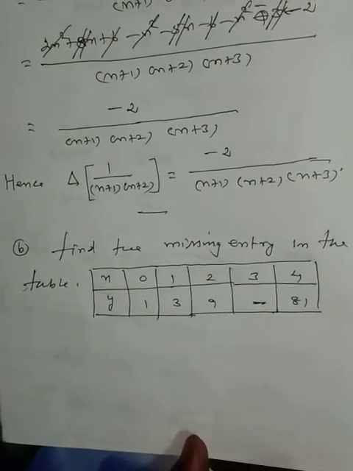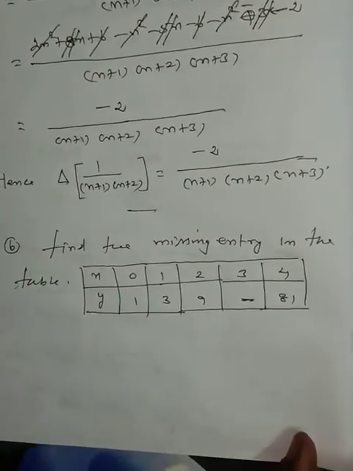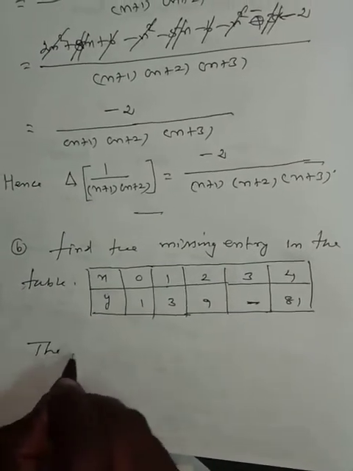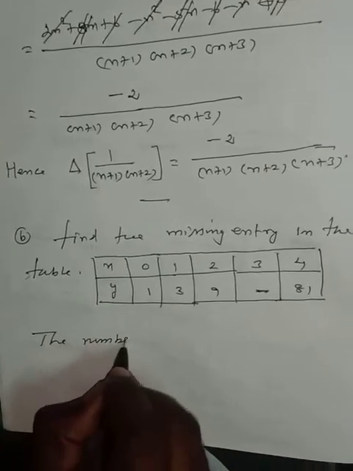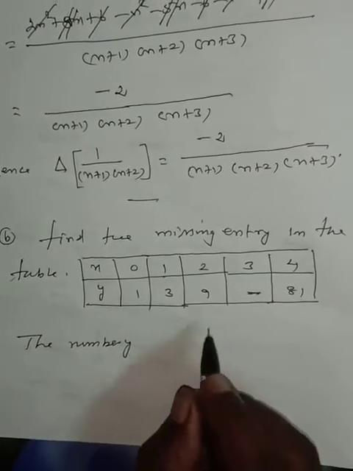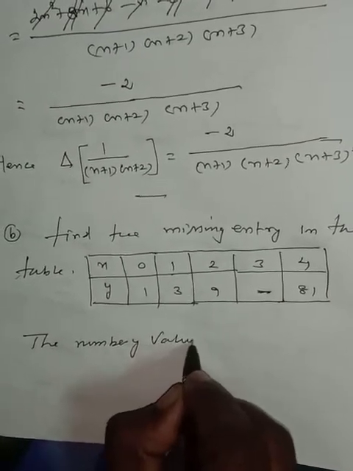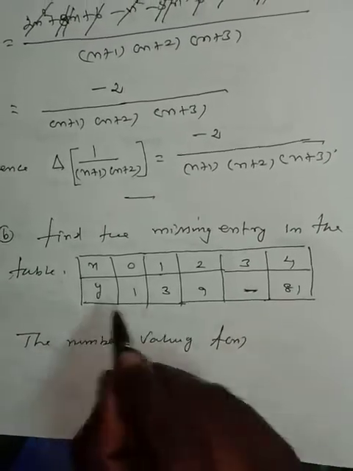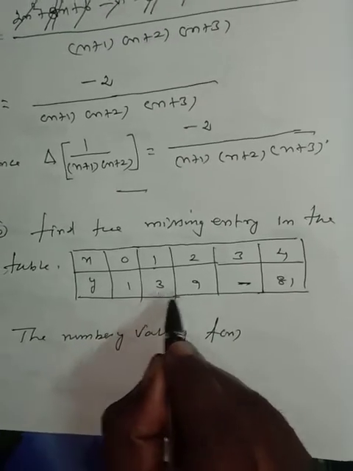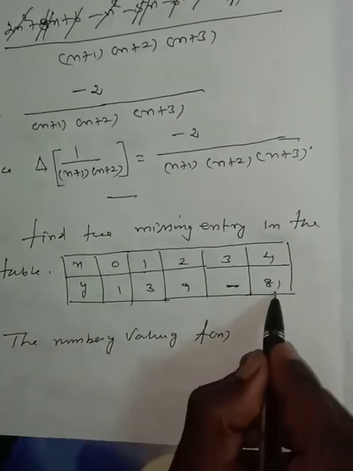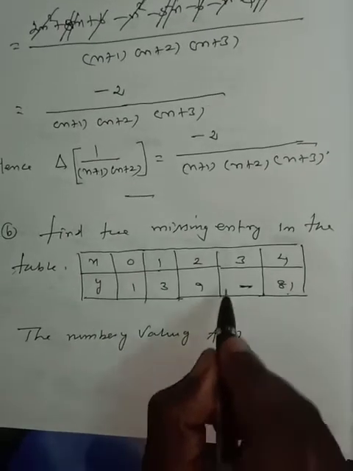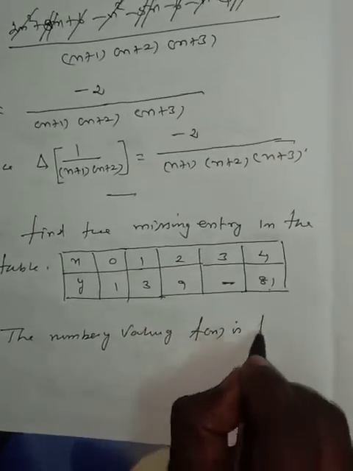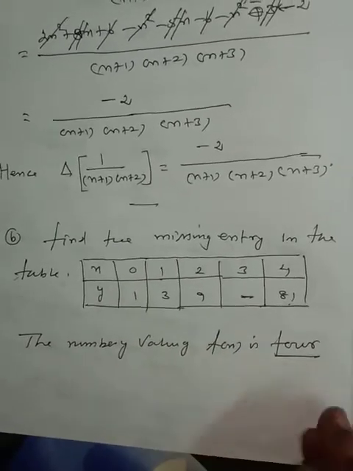This is missing. Now the number of values of f of x is 4, 1, 2, 3 and 4. Totally 5. Missing box is 1. Therefore n is 4.